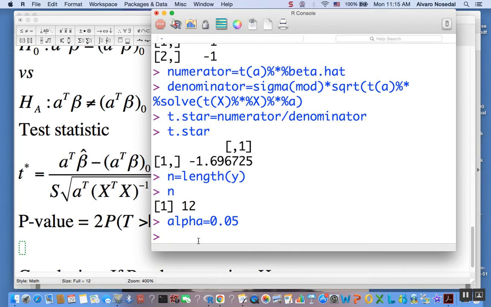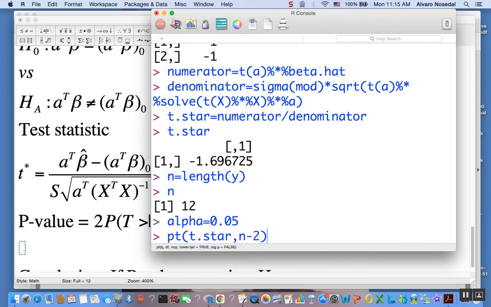Okay, so here we go. We know that pt would give you the area to the left of t star if you have n minus 2 degrees of freedom.